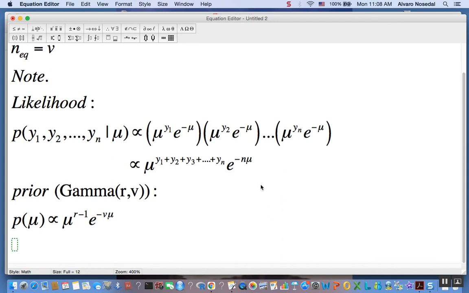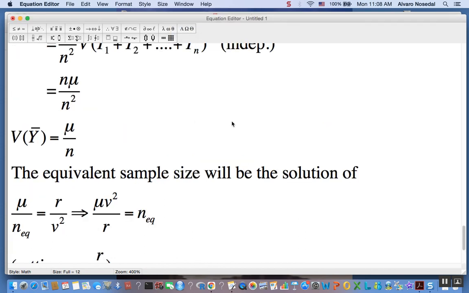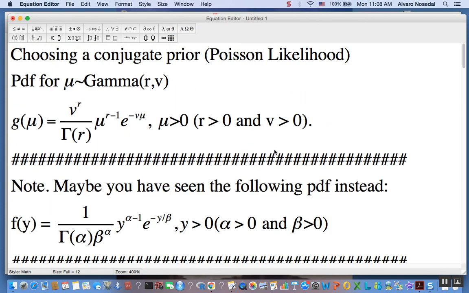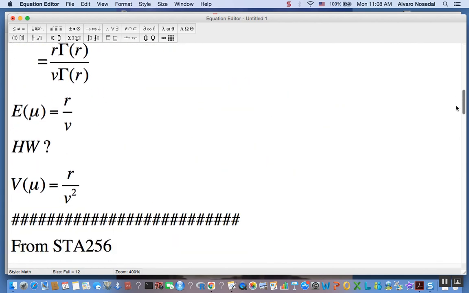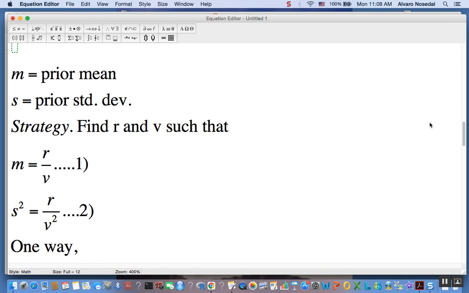Okay, so let's summarize what we did here together in this video. What we wanted to do was solve the problem of selecting the parameters r and v for our conjugate prior for a Poisson likelihood. What we said is we are going to come up with two values, a prior mean and a prior standard deviation, that reflect our initial beliefs about our parameter mu.